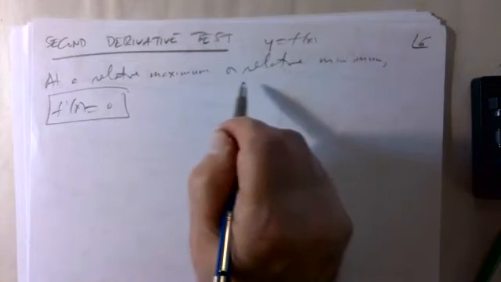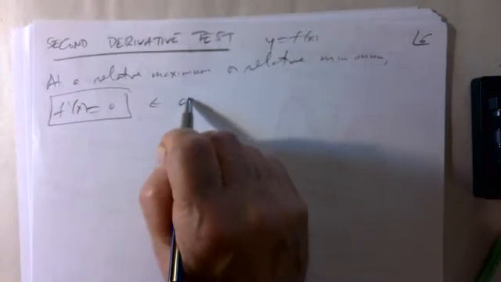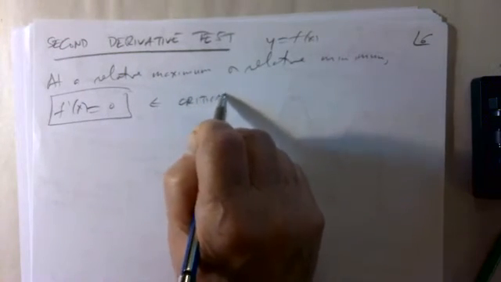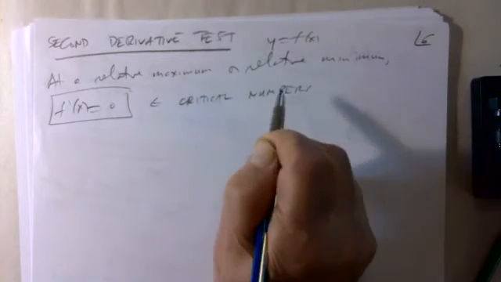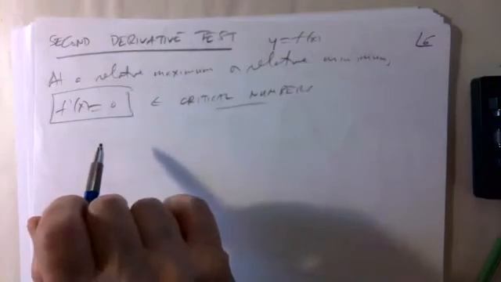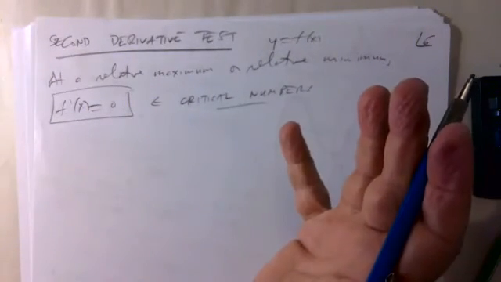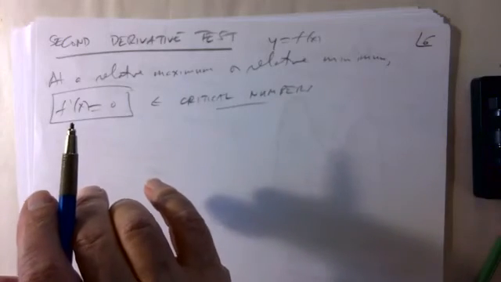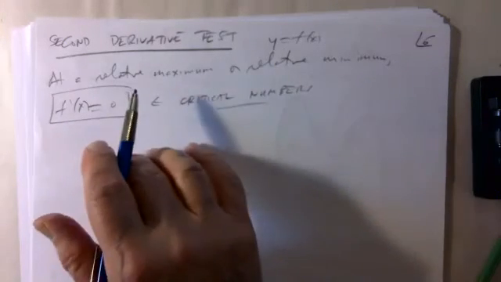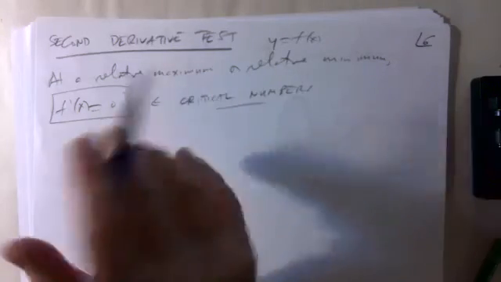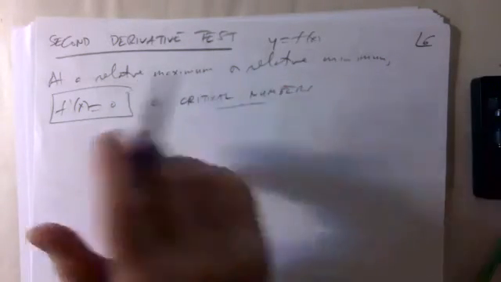That is, the relative maxima and minima occur at the critical numbers, numbers where, if there's a derivative, the derivative is 0. But how do you tell which is which? If you find a point where the derivative is 0, it could be a relative maximum, a relative minimum, or neither.